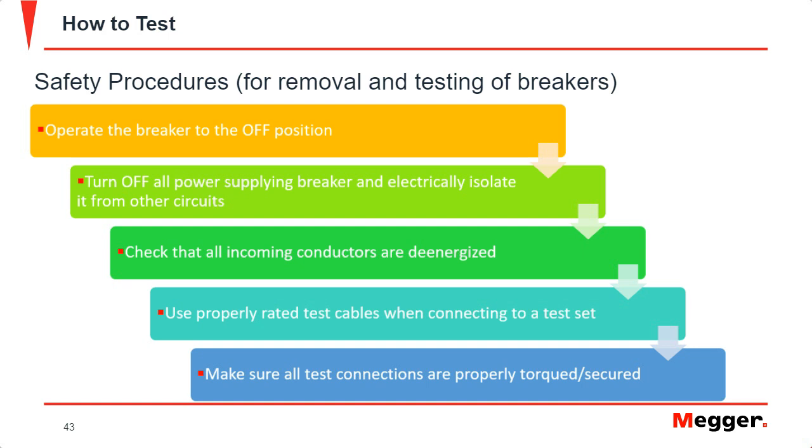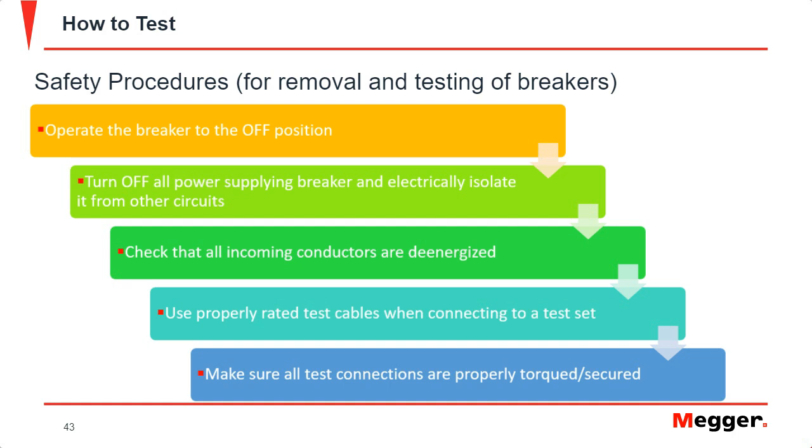That allows you to get the higher current you need without an oversized wire. The reason we say size the wires correctly is that you don't want too much impedance either. Think of it like water: a larger pipe allows more water to flow. That's exactly why properly rated test cables are important.